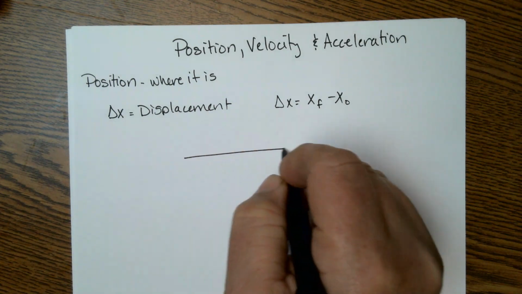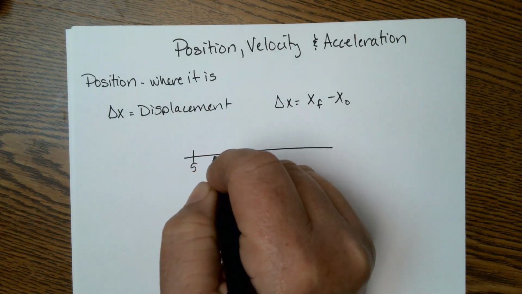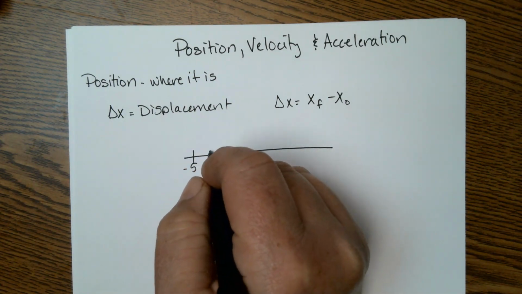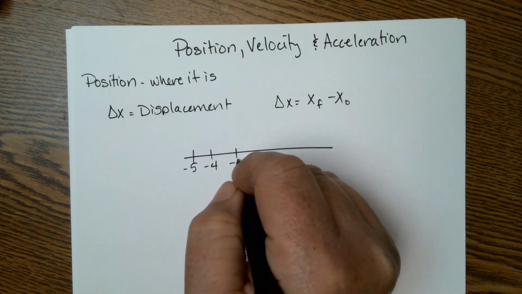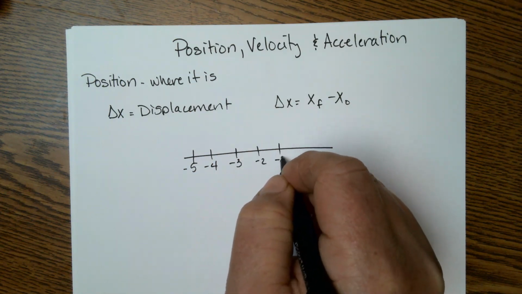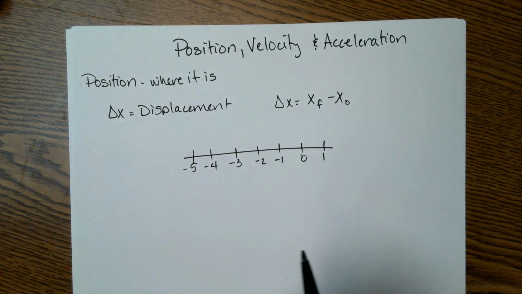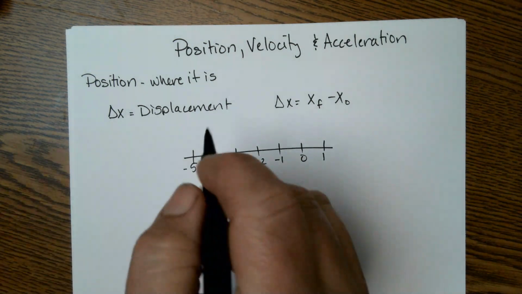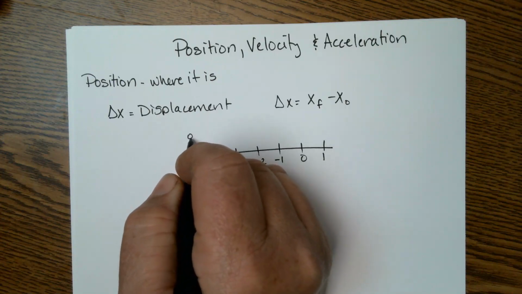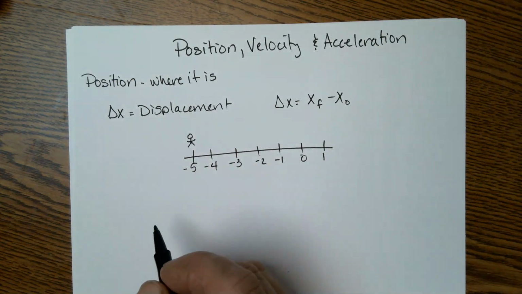So if we had a little number line here, let's say -5, -4, -3, -2, -1, 0, 1. Okay, so I kind of skewed it toward the negative side. So let's say that we have our little person and they're standing here.